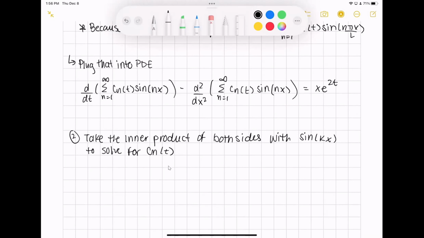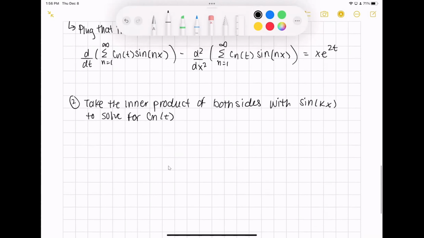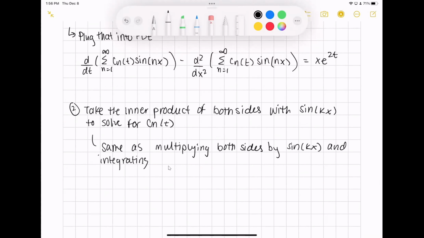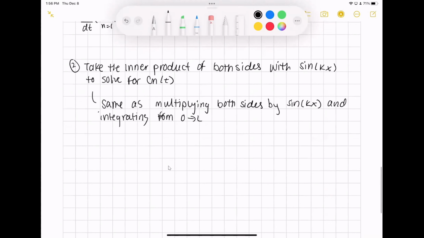And so we know that this is just the same as multiplying both sides by sine of kx and integrating from 0 to L. So here we're going to have sine of nx times the sine of kx.